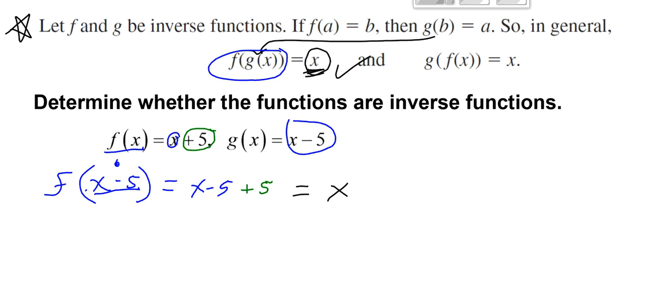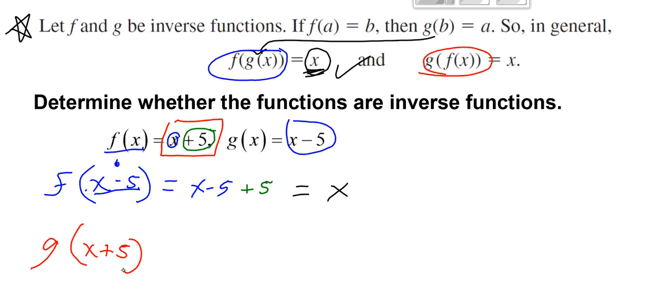The other way around is g of f of x. So what is f of x? Well, f of x is x plus 5. So g of x says take whatever's your x, so I have x plus 5, right here, my input.